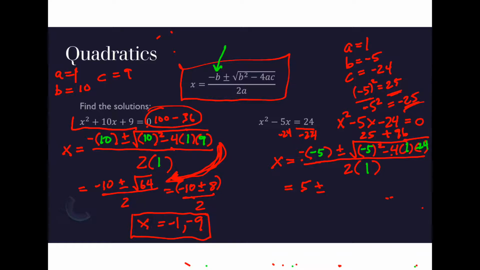So 25 plus 96 gives me 121. So I have 5 plus and minus the square root of 121.